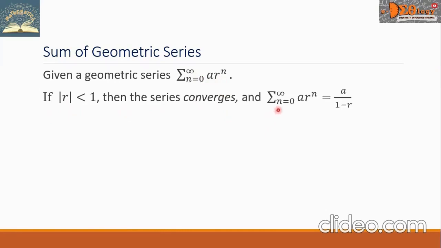And the summation from n equals 0 up to infinity of a times r raised to n equals a over 1 minus r. Remember, a is the first term and r is the common ratio.